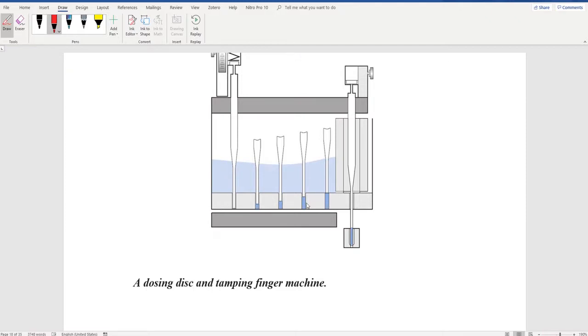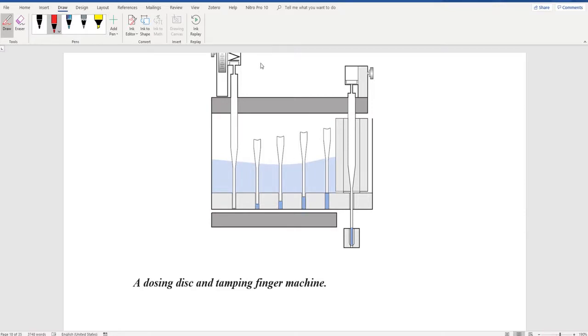While it's moving to the next set of tamping fingers, more powder gets filled inside. When it reaches the next tamping fingers, the next set will go inside, and this will increase the amount of powder inside. Then the tamping fingers in the second station will go up, and the dosing disc keeps rotating to the third set of tamping fingers, during which the powder will fill again.